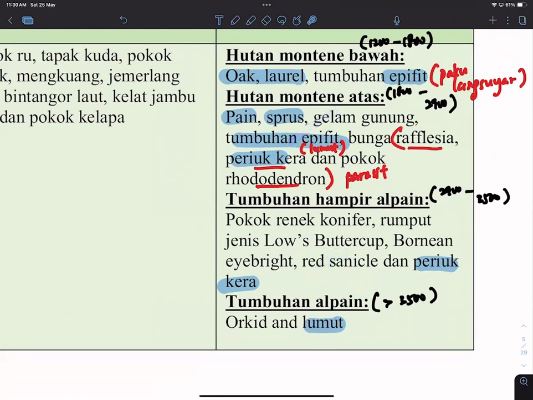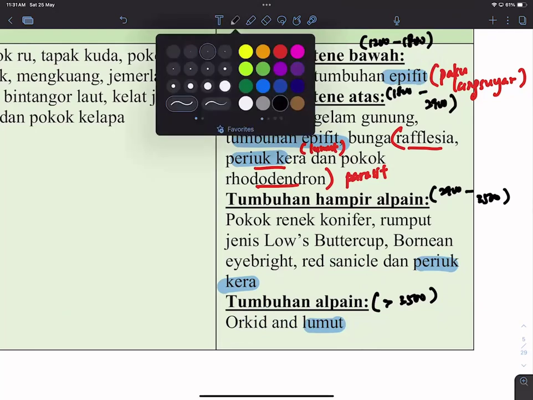So we have Pericera here and then Pericera here. Okay, but we have one more from the Montane bawah and then the Montane atas. So they didn't mention here. Yeah, so guys, one more. For the oak and rolla, the epiphyte, we still have the Pericera. Add one more Pericera.